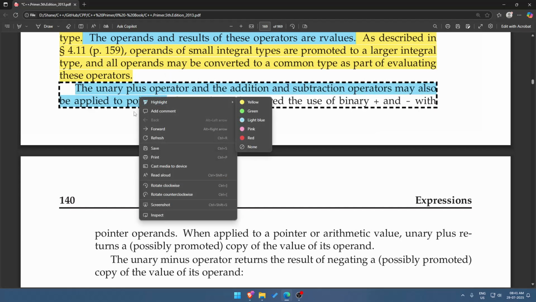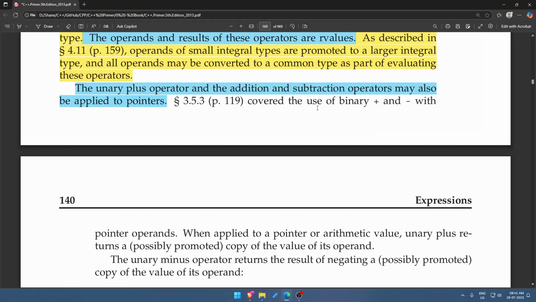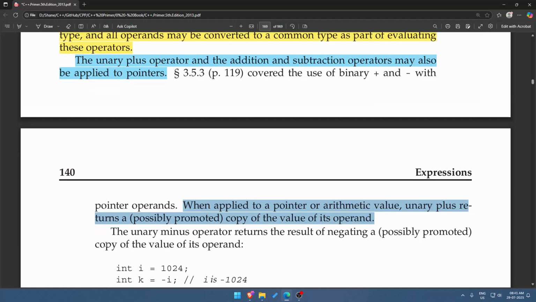Yeah, we know that. We covered the use of binary pointer operands. When applied to a pointer or arithmetic value, unary plus returns a possibly promoted copy of the value of its operand. The unary minus operator returns the result of negating the possibly promoted copy of the value of its operand.